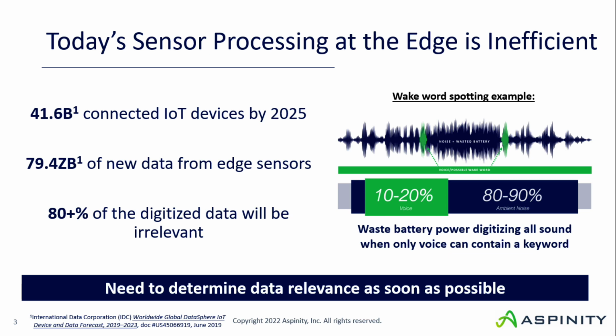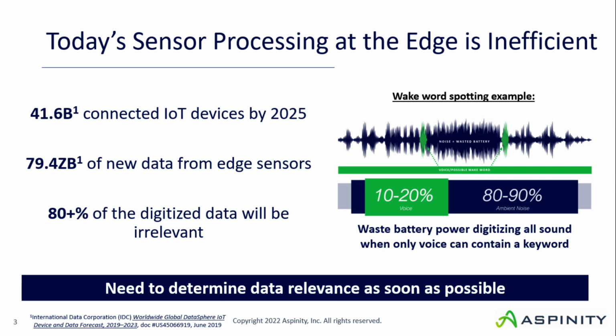So for example, take a voice control system. A voice control system has to be always on and always listening so that it doesn't miss a wake word, which could happen at any time. But you're never going to actually hear that wake word unless somebody's talking. And in a typical home environment, most of the time it's just ambient noise where nobody's actually speaking. So we're wasting all of this power processing noise where you're not going to even ever find that wake word.